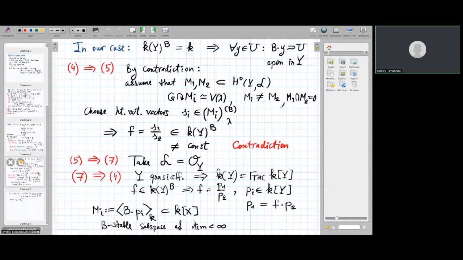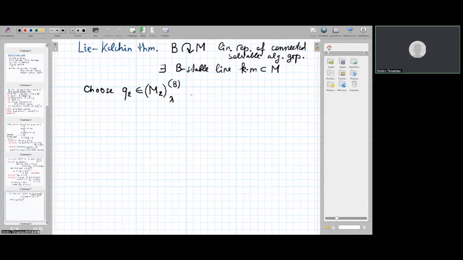Let me remind you that M2 is the linear span of the B orbit of P2. So this eigenvector Q2 is a linear combination, a sum over some i's of some scalar multiples, alpha i's, times b i's applied to P2.